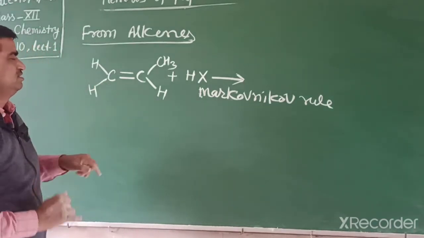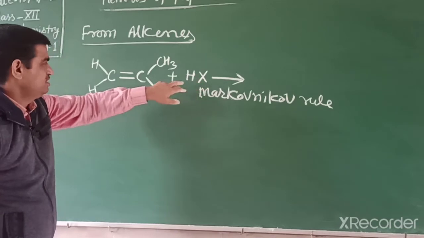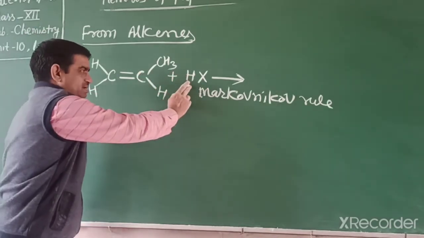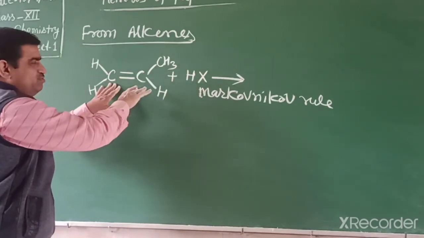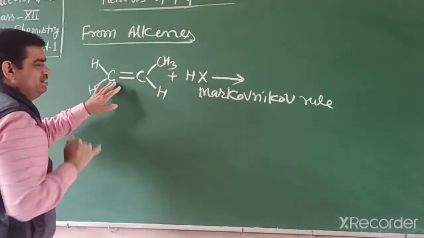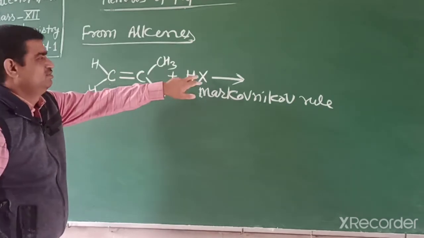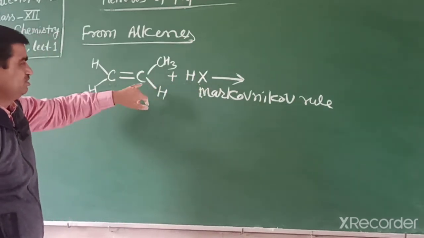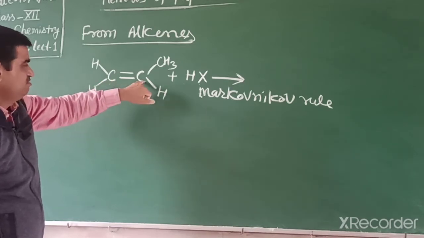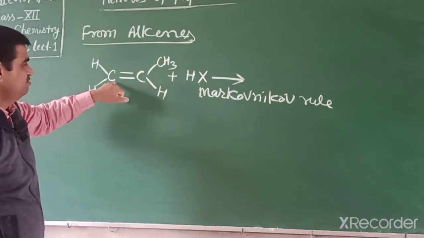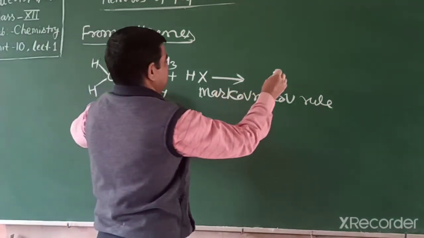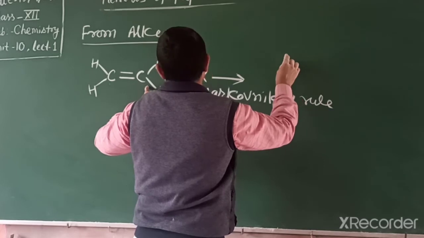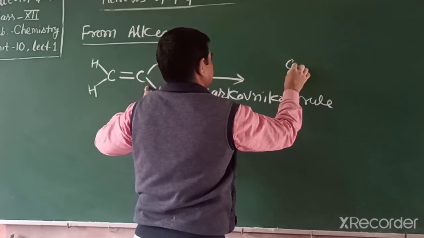The halogen atom attaches to the carbon having fewer hydrogens, because H and X add across the double bond. So first we add the halogen on the carbon having fewer hydrogens. In this carbon there is only one hydrogen, this has two hydrogens. So according to this rule, the addition of halogen occurs on the second carbon.